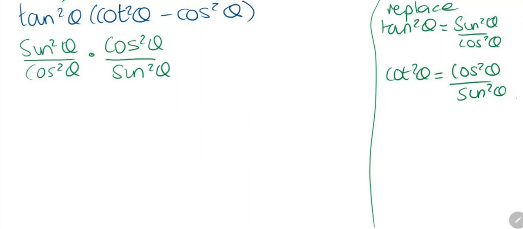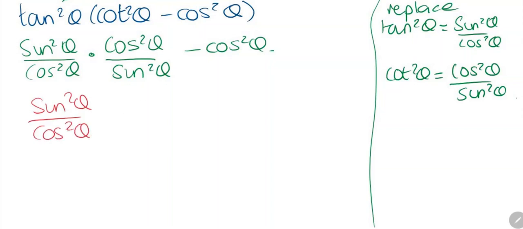And we have minus cos squared theta. So now I'm going to multiply out and rewrite everything over the same denominator. So I'll keep this one the same for a second. And I want to write these both over sine squared theta.